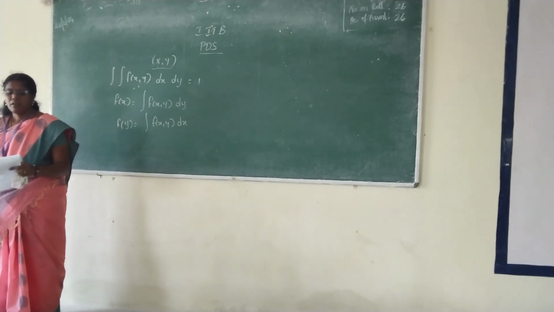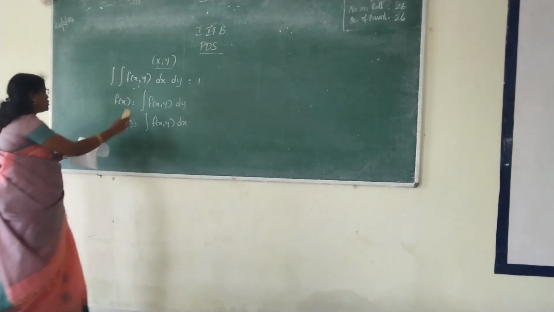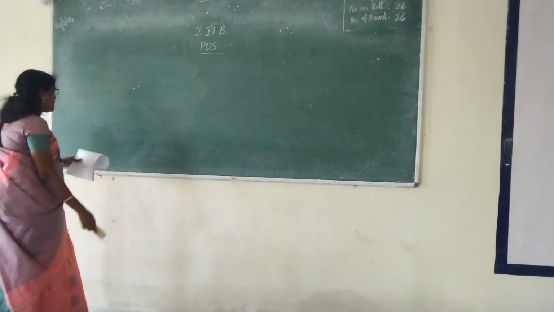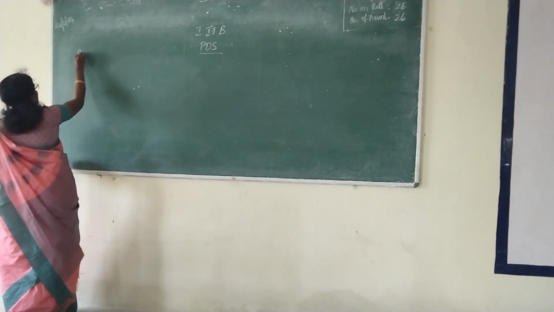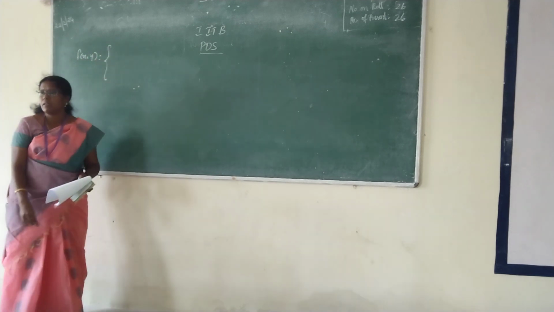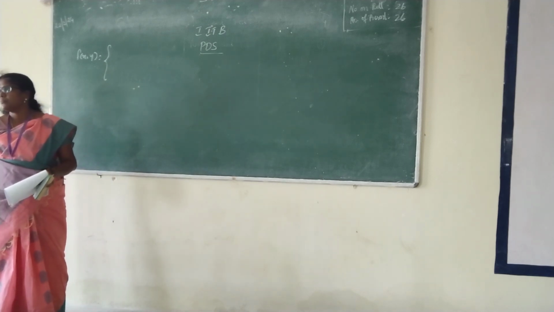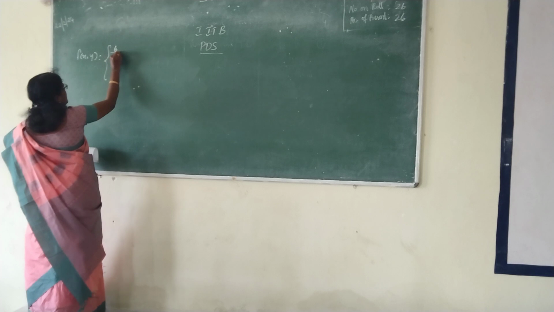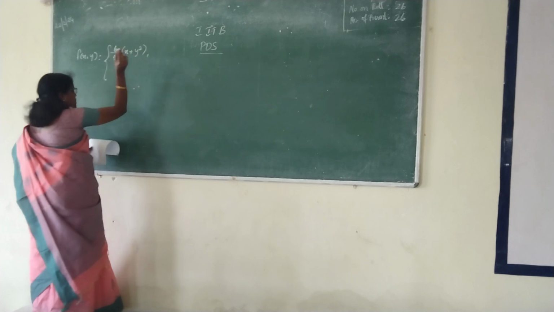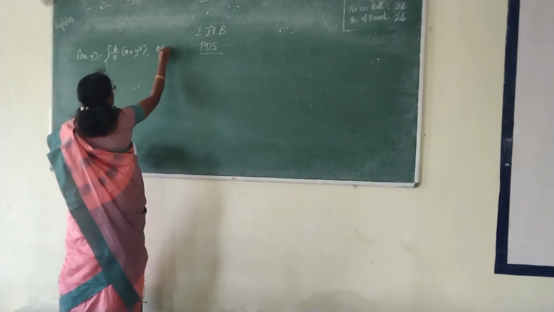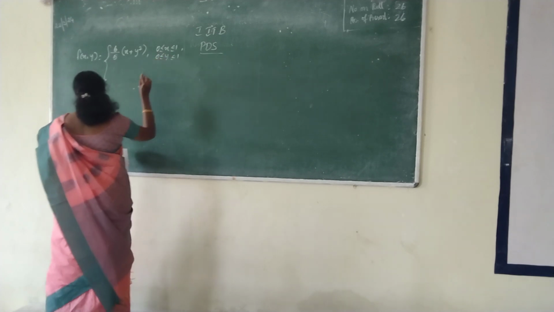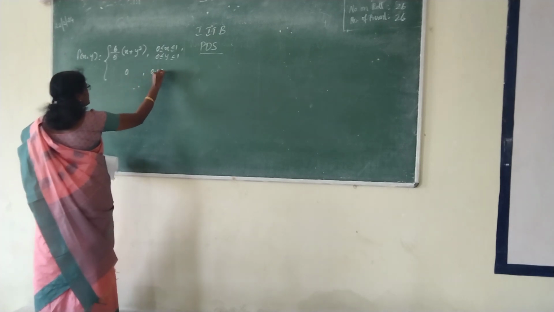First one. Suppose the joint PDF is given by f of x comma y equal to 6 by 5 into x plus y square, for 0 less than or equal to x less than or equal to 1, 0 less than or equal to y less than or equal to 1, equal to 0 otherwise.